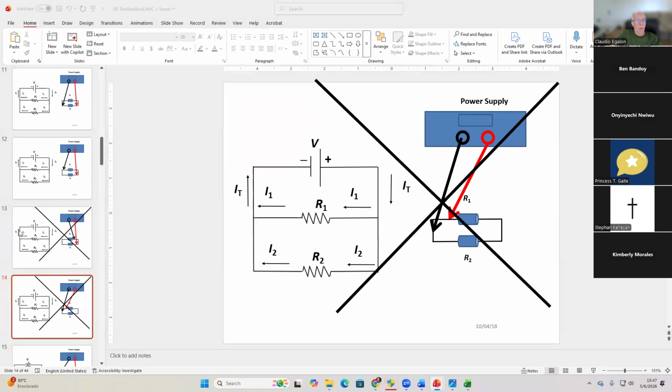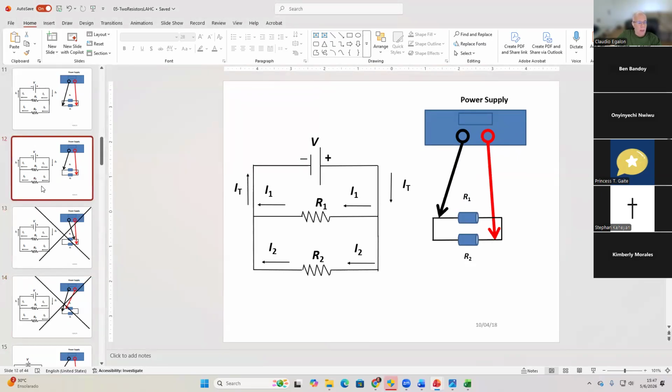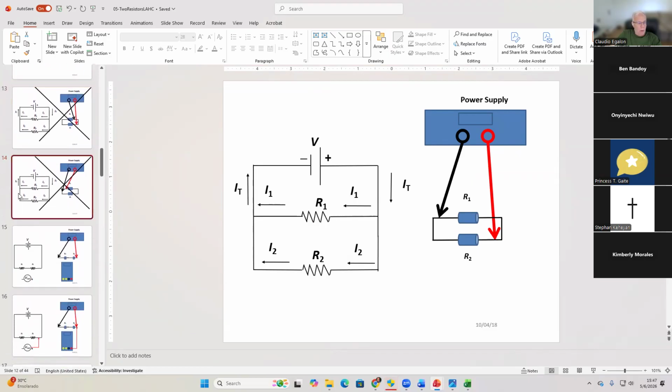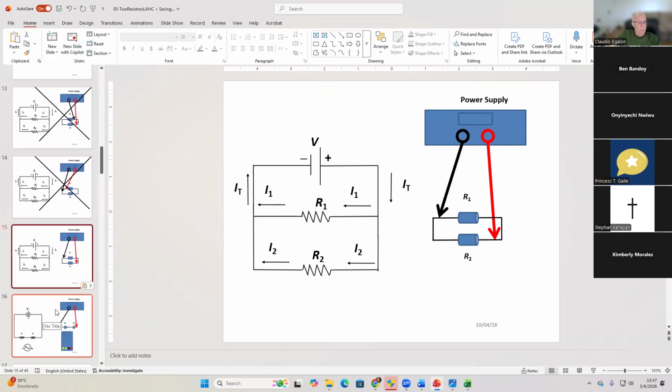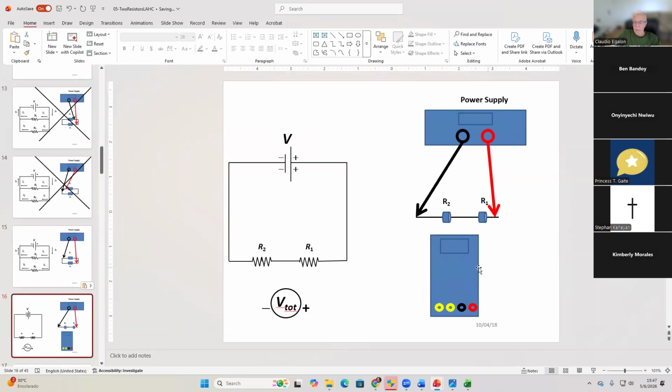And now we are going to bring our voltmeter. Okay, here you go. Here's my digital voltmeter.